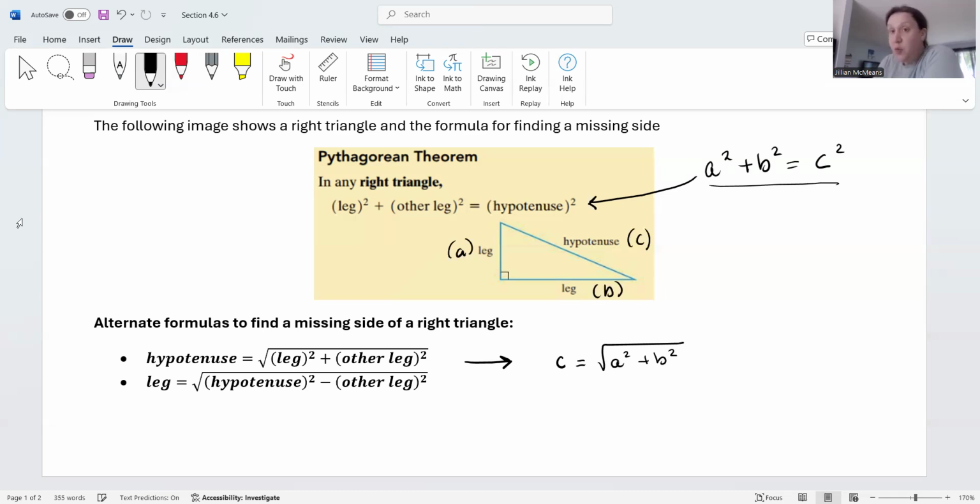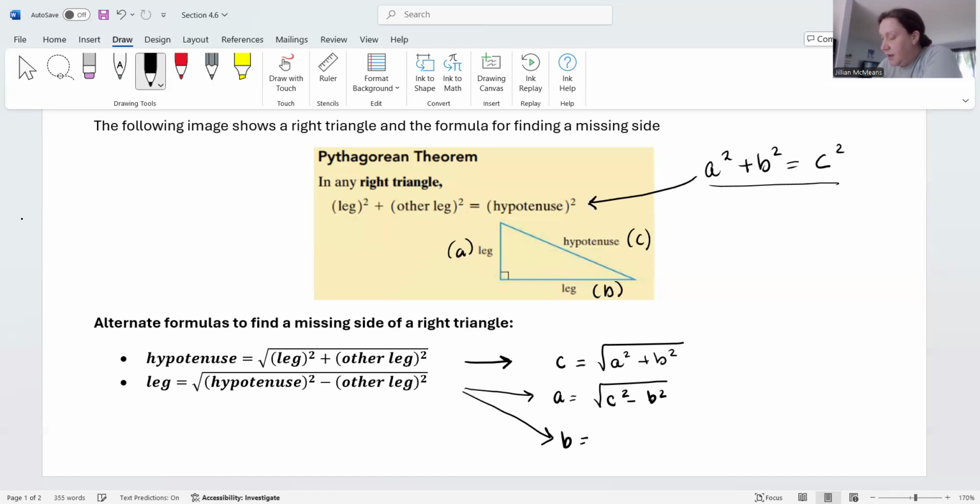Now, if you're looking for one of the two legs of the triangle, so you have the hypotenuse and one of the legs, to find the other leg, that leg is equal to the square root of the hypotenuse squared minus the other leg squared. So let's say we're looking for leg A. A equals the square root of C squared minus the other leg, which is B, so C squared minus B squared.